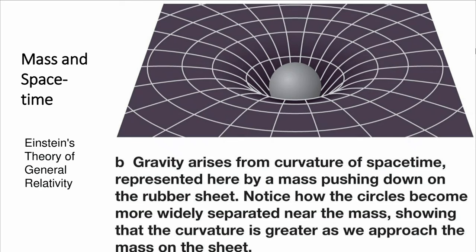So my photons don't necessarily just travel in a straight line, they travel along curved paths, and the curve of those paths is determined by the mass you have in your space-time or in your universe.